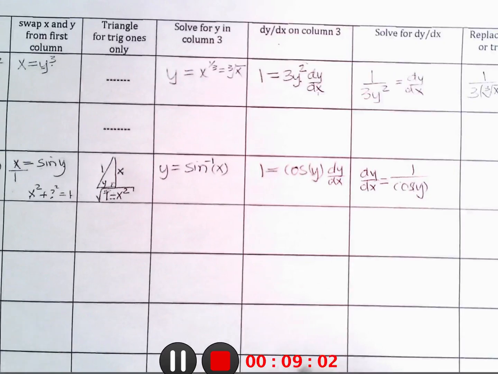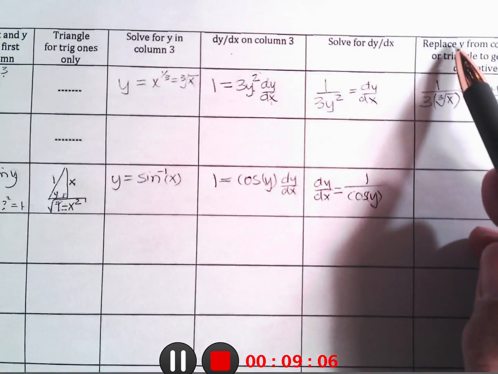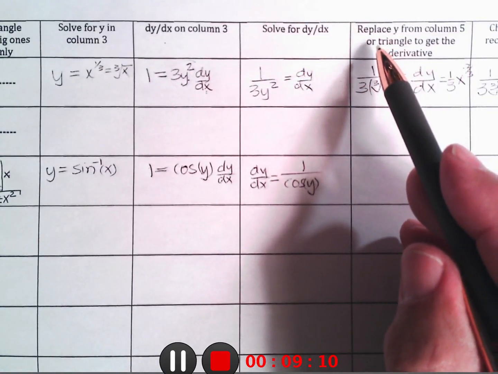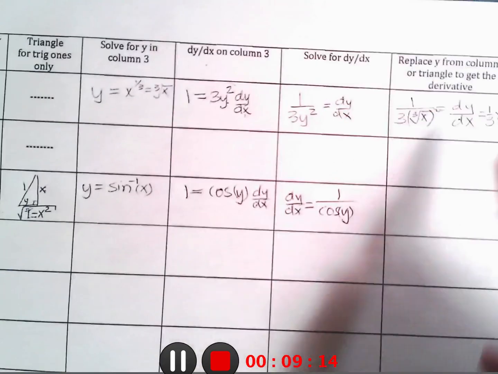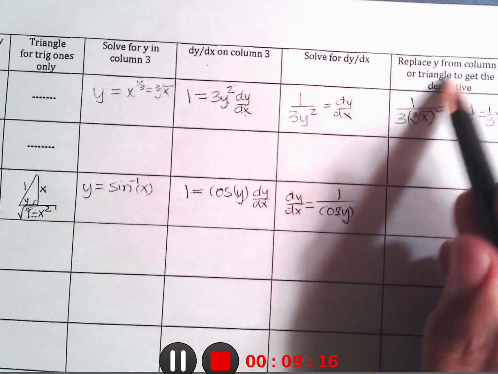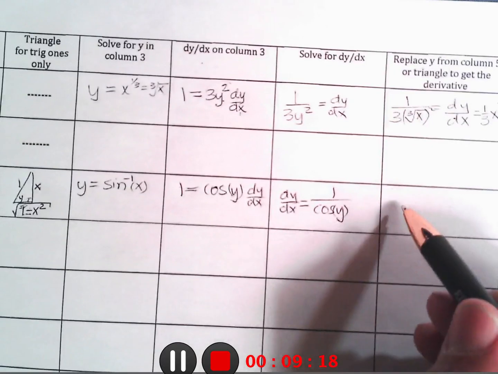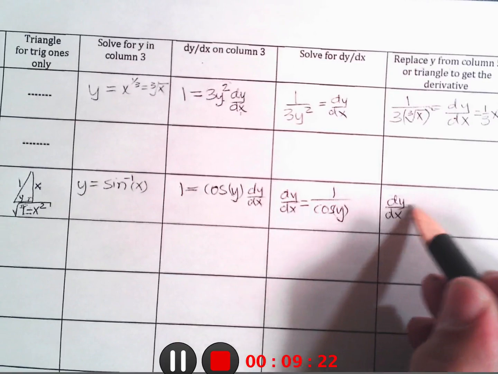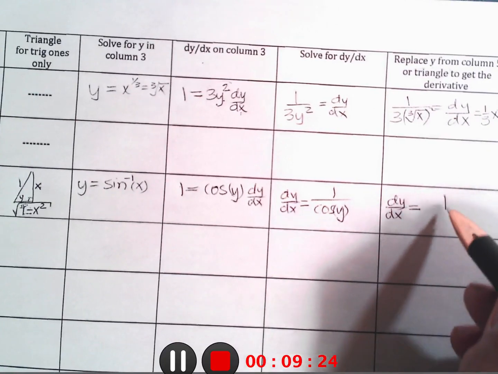And if we replace the y with something that's in column 5, or the triangle, this is where we use the triangle. So dy dx is 1 over cosine of y.